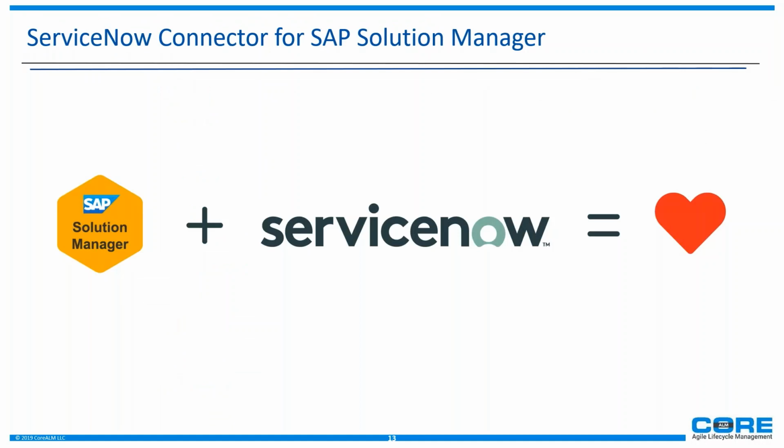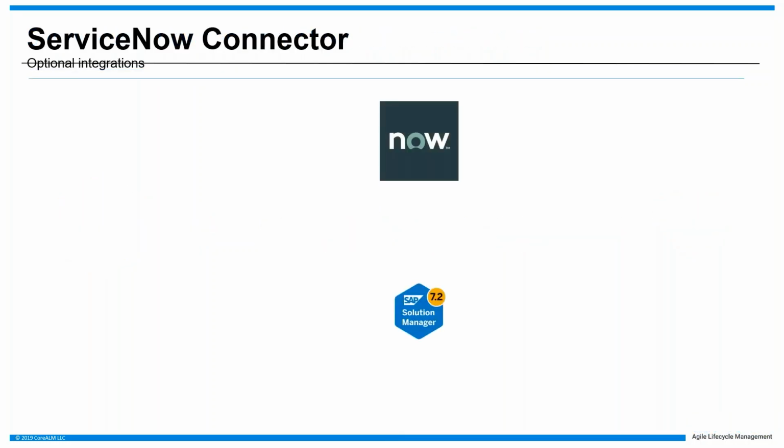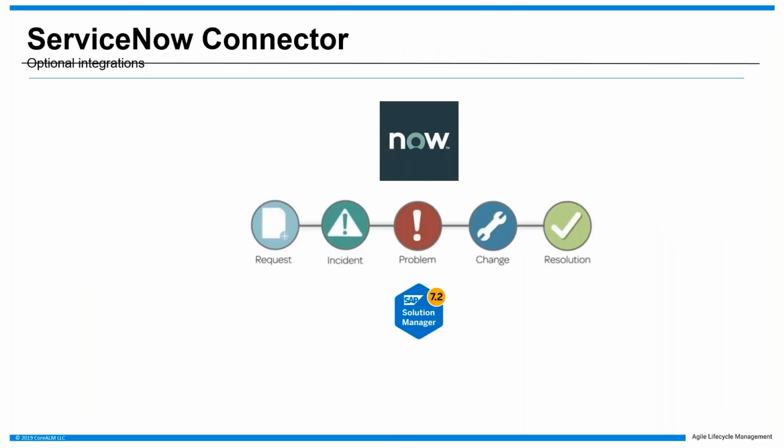Now, in addition to that, we have another product, which is a ServiceNow connector for SAP Solution Manager. So in the case if you have a ServiceNow tool, and if you're using SAP Solution Manager, let it be for operations or for change control management, we have a tool where you can connect these two together with an integrator. And what it will help you with is that you can have any type of request, incident, problem, change, and then a resolution.